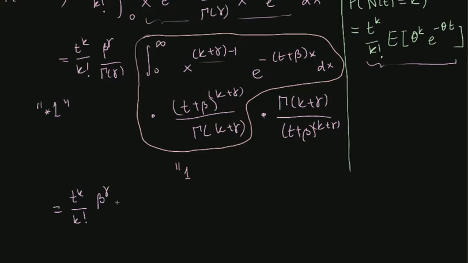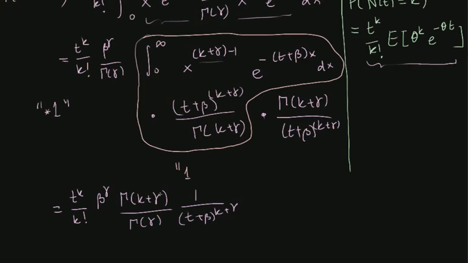We have gamma of k plus gamma divided by gamma of gamma, and then I have to divide by t plus beta to the k plus gamma.